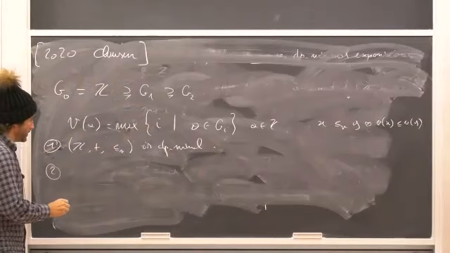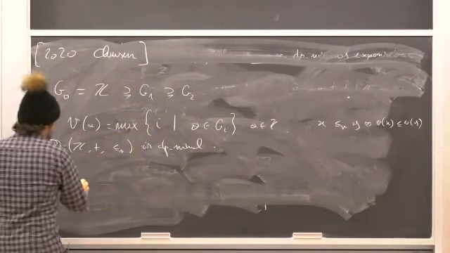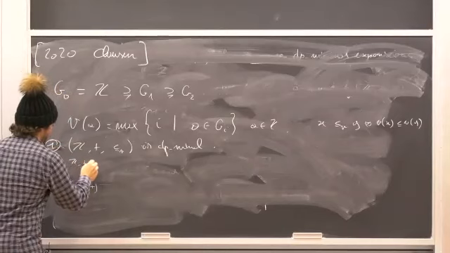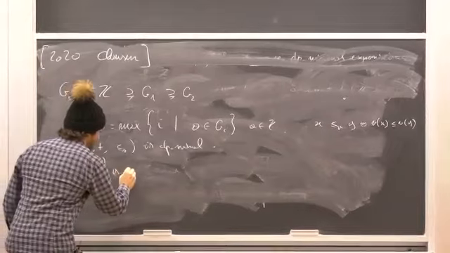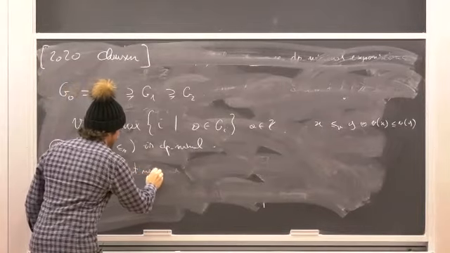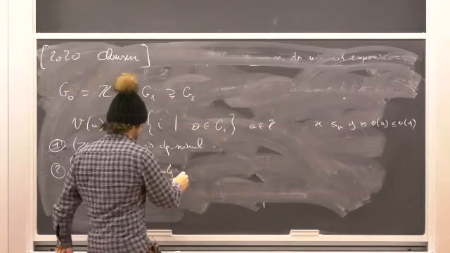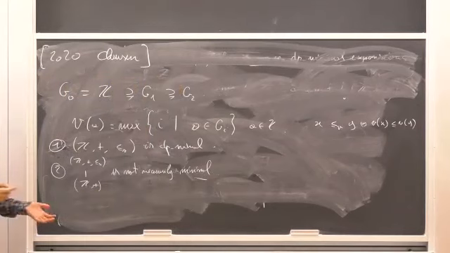Two, it proves that, so there are other kinds of valuations. It proves that Z plus V is not necessarily minimal in the sense of expansion.